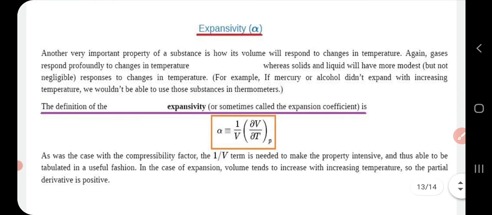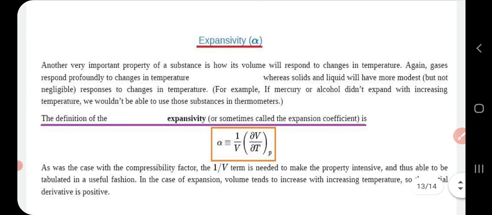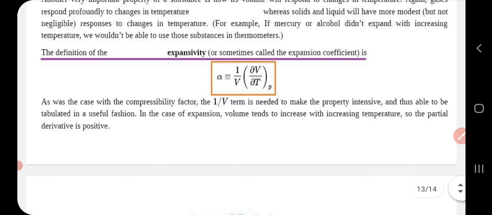Now another possible question is distinguish between expansivity and compressibility. So expansivity, let us see. An important property of a substance is how its volume will respond to changes in temperature. Gases respond strongly to changes in temperature, whereas solids and liquids have more modest responses. The definition for expansivity, also called the expansion coefficient, is given by alpha equal to 1 by V, dou V by dou T at constant pressure.